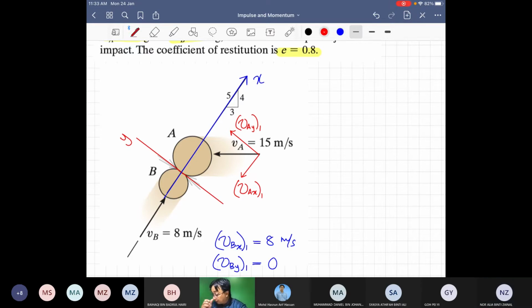Okay, this one we have to break down based on this small triangle given here.